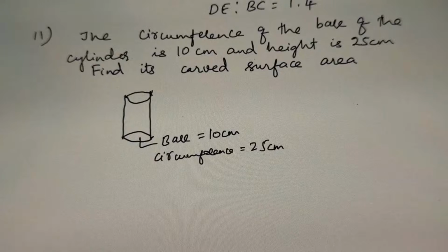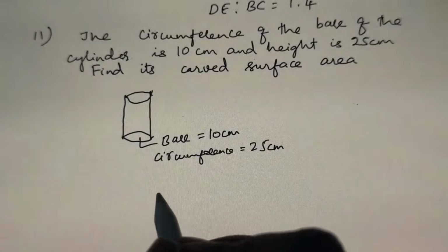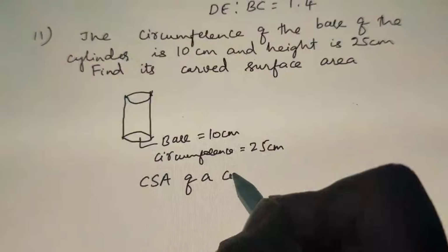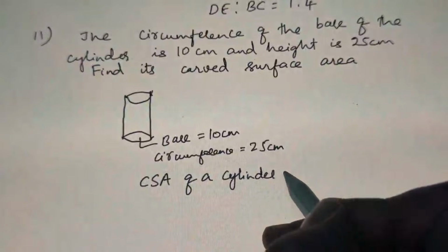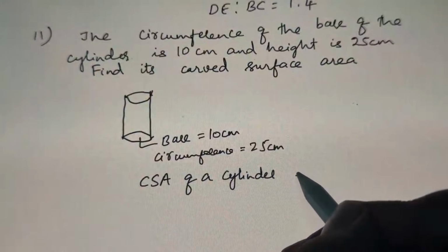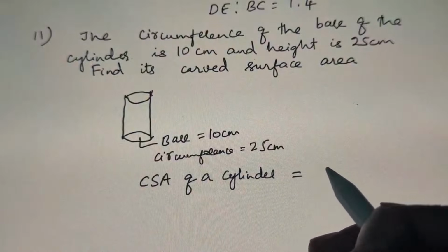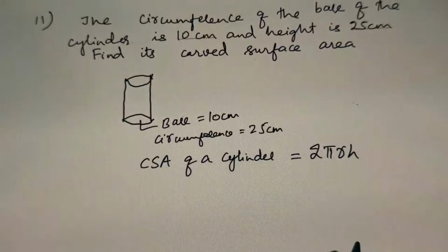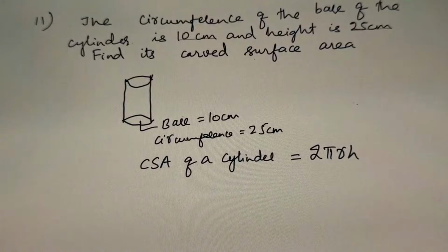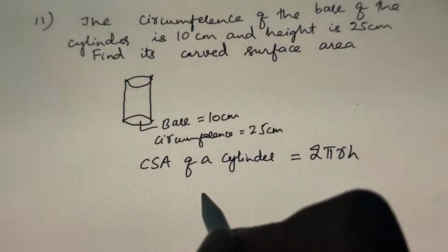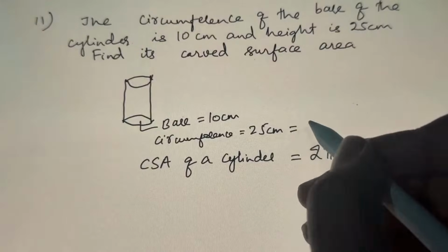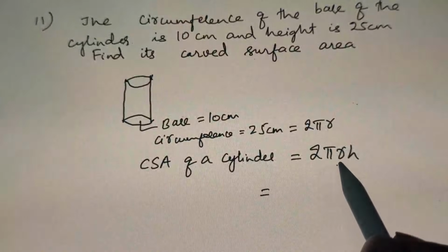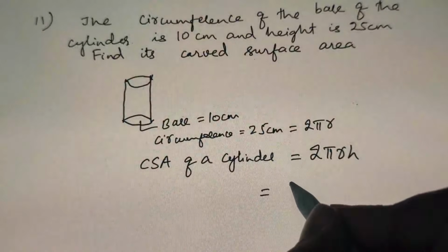We need to calculate the curved surface area. The curved surface area of a cylinder is 2 pi r h. The circumference is nothing but 2 pi r, so we have to substitute the value. Instead of 2 pi r, we have to substitute the given value.